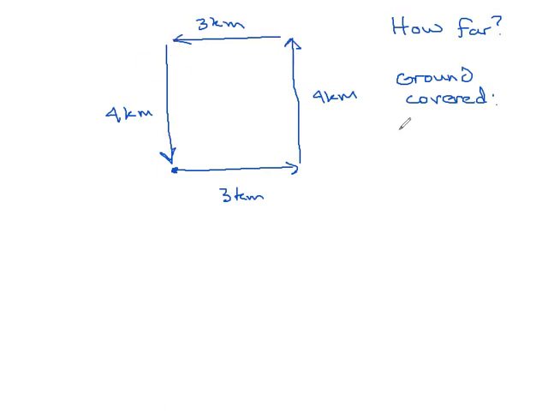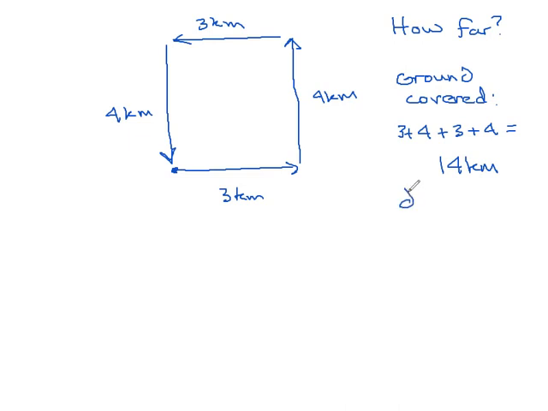That's a total of 14 kilometers. When I did that, I didn't pay any attention to what the directions of any of these movements were. I just counted them all as positive numbers and totaled them up.